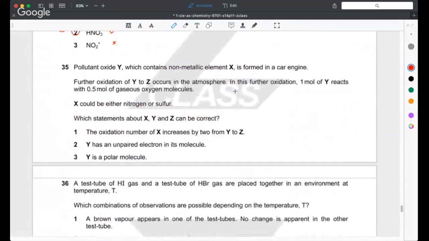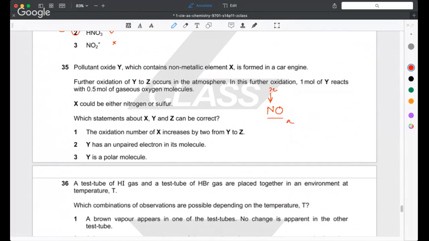Pollutant here. So the actual answer to this is, the pollutant contains the non-metal element, so X, nitrogen is X, and the oxide is nitrogen monoxide.